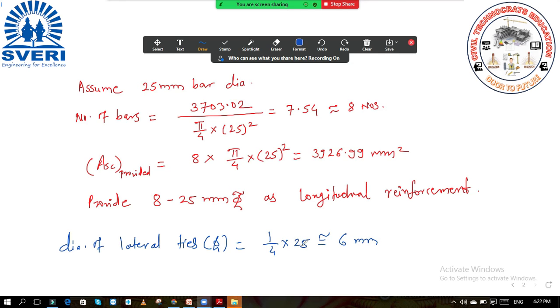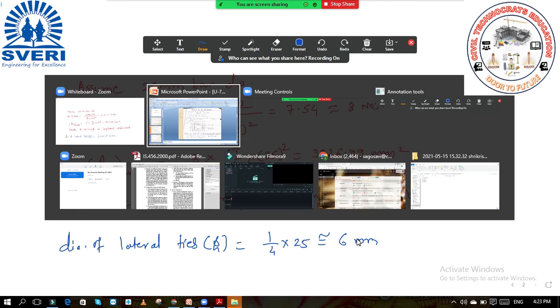Now note that even if this comes to less than 6, still provide 6 mm. If it is more than 6, like 6.1 or 6.2, you can still provide 6 mm, or you can go for 8 mm also. Nowadays in the market 6 mm bar diameter bars are not available, so you can go for 8 mm.